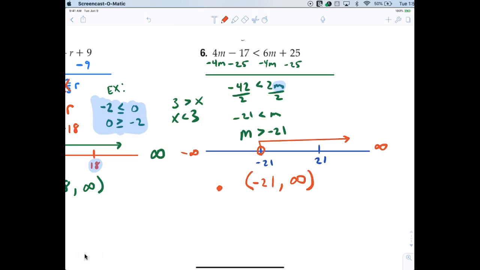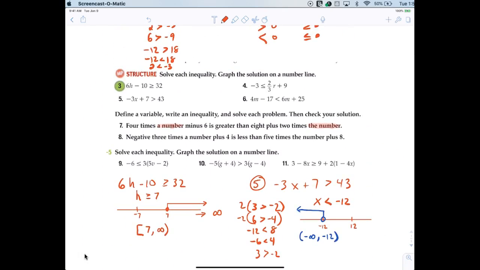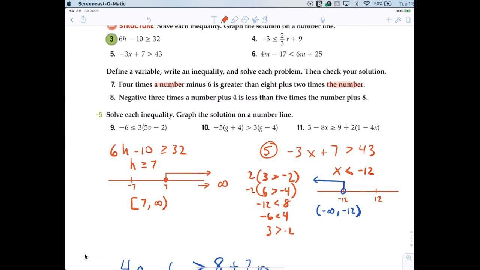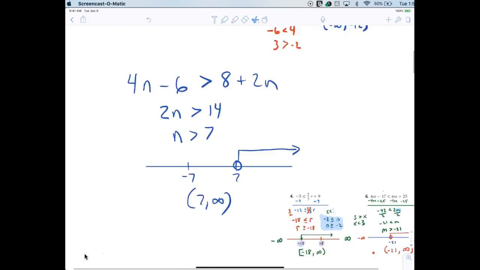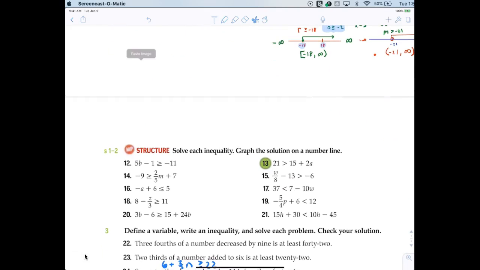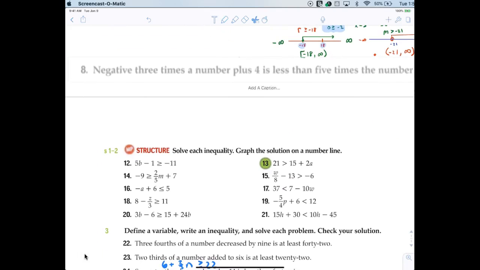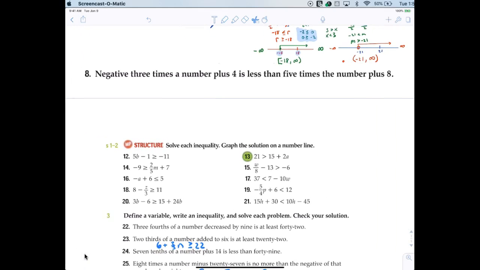All right. So here we go. Let's grab number 8 now. Number 8 is just your ability to read and write and then solve, which I don't think is that hard, so let's look at it. So how do I write that?